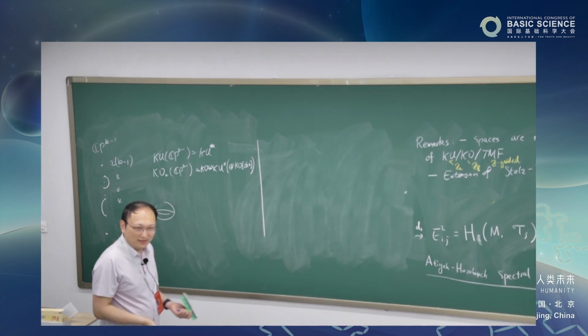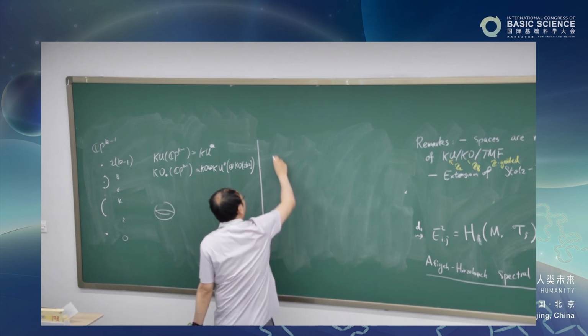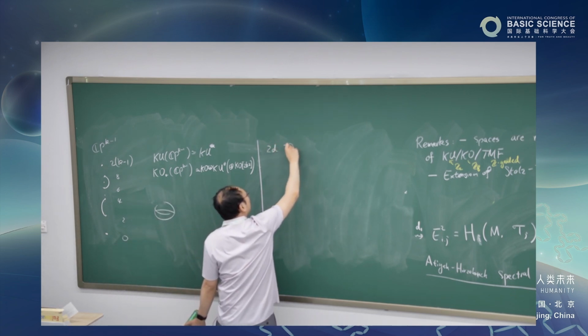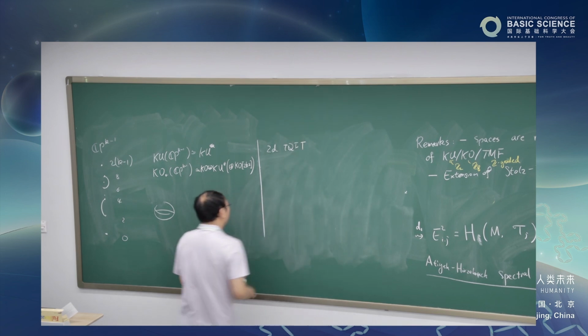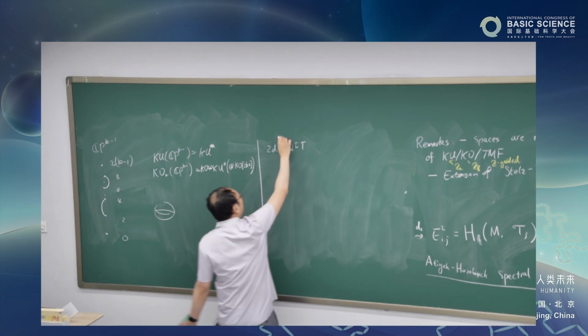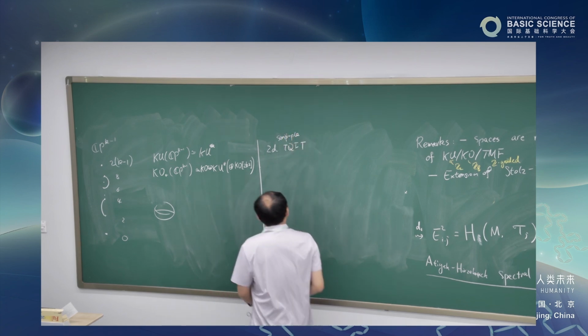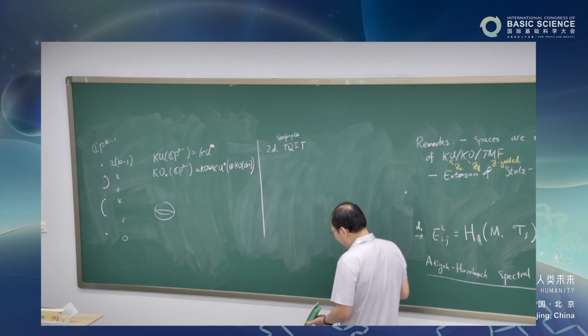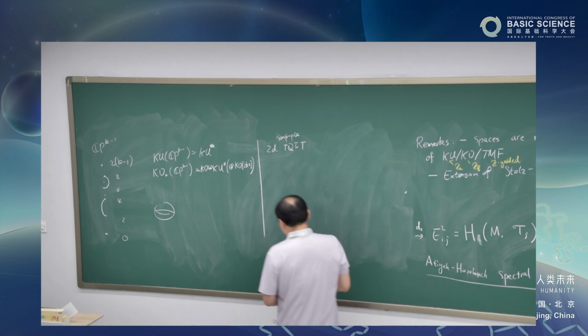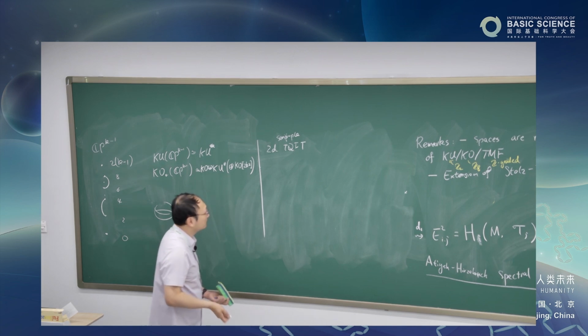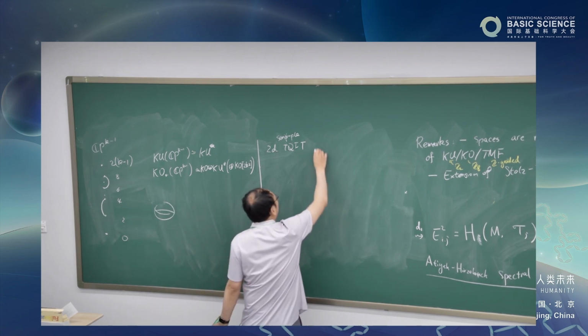We also need to understand what happens for TQFTs, and for a nice class known as semi-simple TQFTs, the association with KU and KO is also fairly easy.